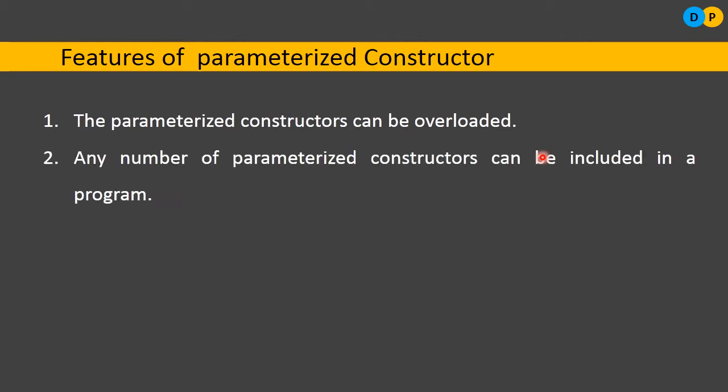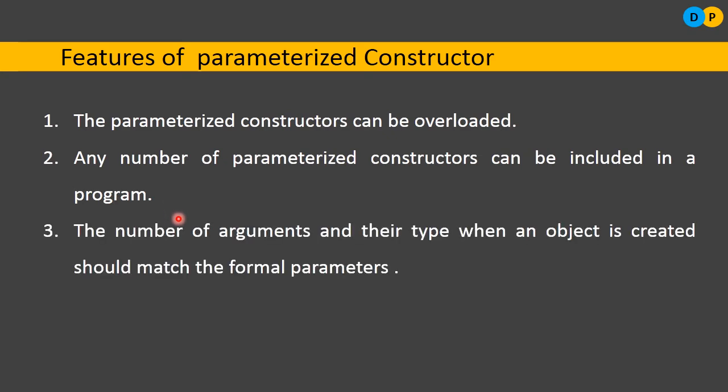Next, any number of parameterized constructors can be included in a program. This is another feature of parameterized constructor. There is no restriction. And the third one is, in case they are having more than one parameterized constructor, then the number of arguments and their type when an object is created should match with the formal parameters.